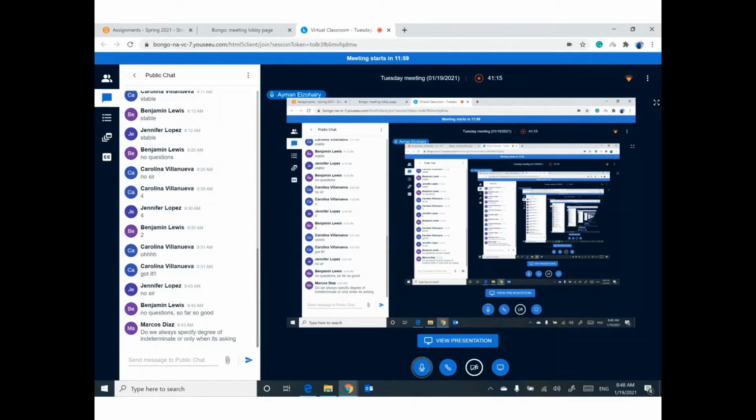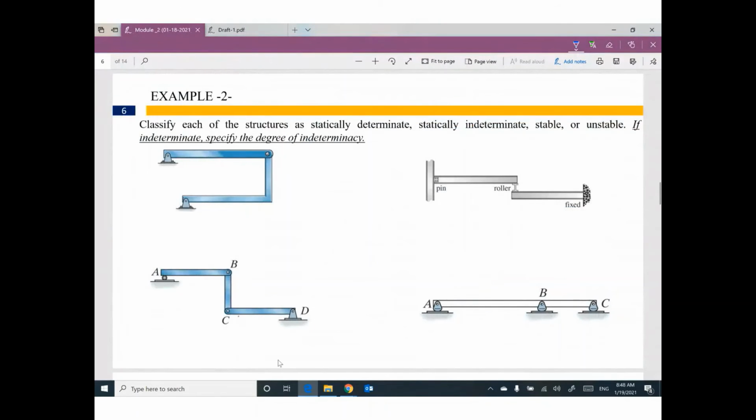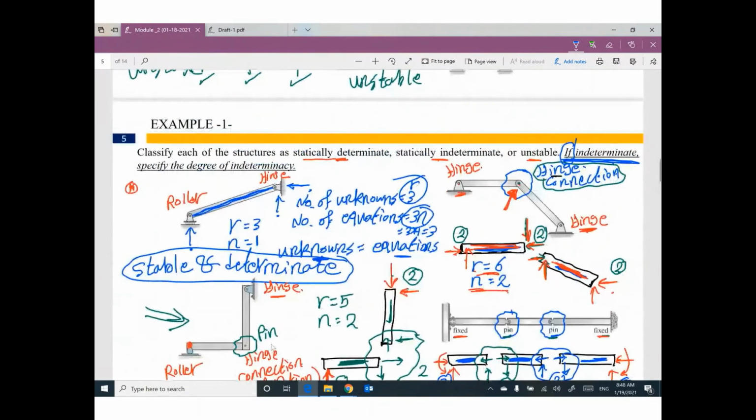All the time you need to specify the degree of indeterminacy. And also, your problem in the homework or in the exam will be like this. Exactly. Classify each of the structures as stable determinate, stable indeterminate, or unstable. If indeterminate, specify the degree of indeterminacy. Your question will be like this. Exactly.